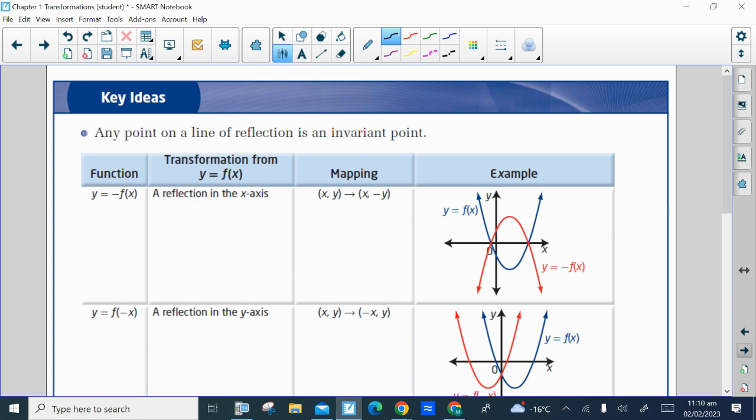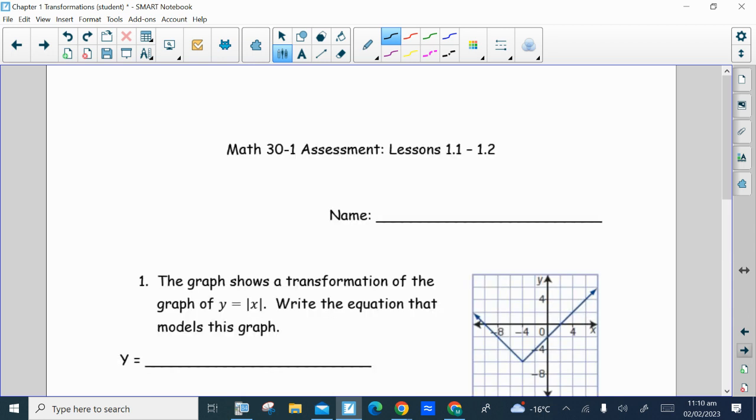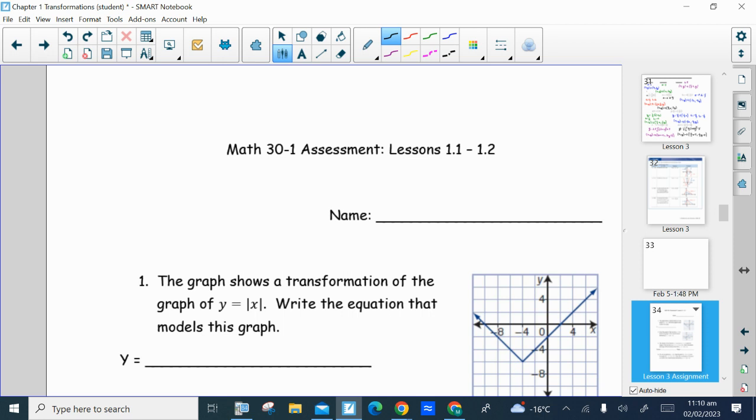So on the next page is a summary of everything that we've looked at so far. And then starting on page number 34, there is an assessment that you can work on. I will post the solutions to Google Classroom so you can check your work.